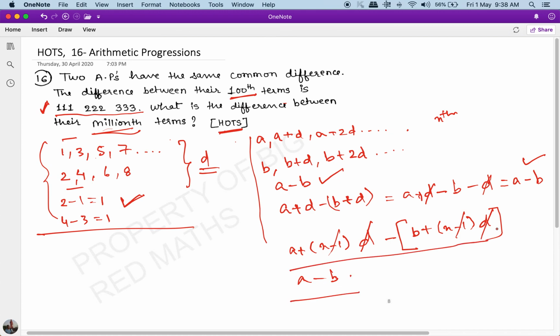So the final answer is that if there are two APs with a common difference, then the difference between their terms is also going to be constant. So if the difference between their 100th terms is this, then the difference between their millionth terms will also be exactly the same.